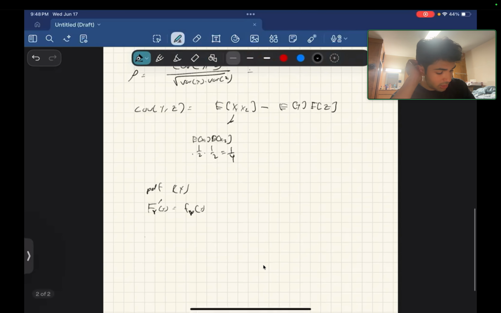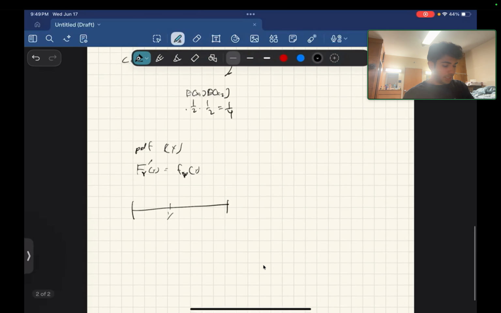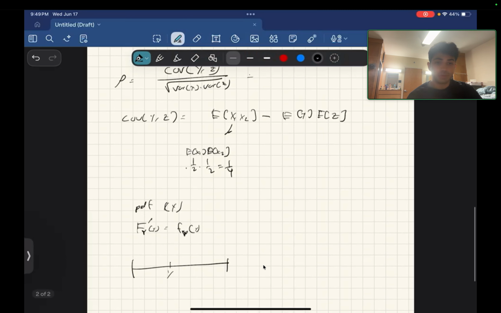So what is the cumulative distribution function of this? Well, if you have the number line and y is the minimum of the two random variables, first of all, what is the cumulative distribution function? If you plug in some value n, it means the probability that y is at most n.